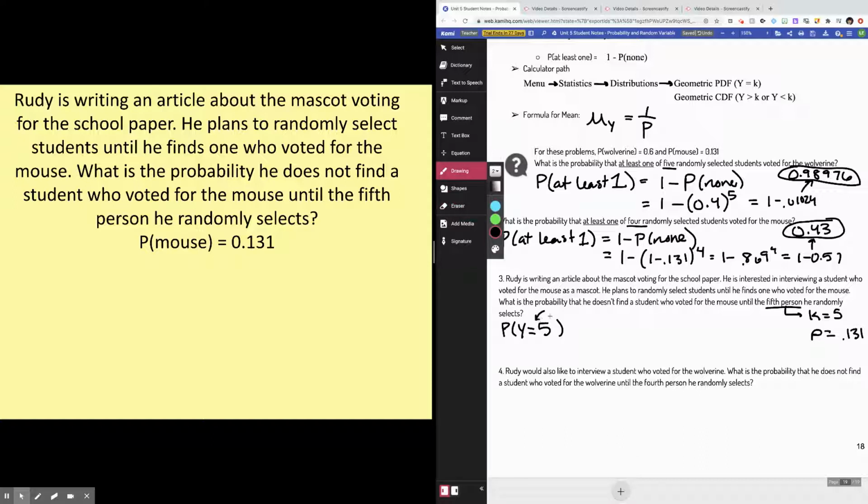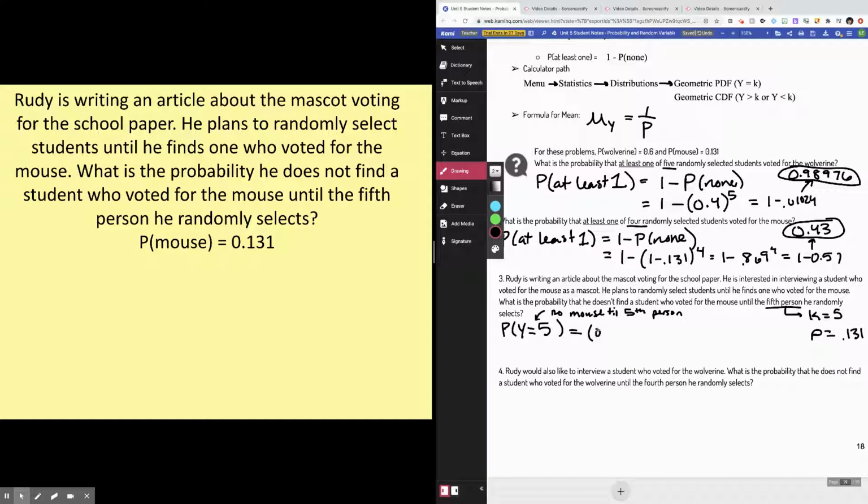In plain English, we're finding the probability that we get no mouse till the 5th person. If my 5th person is a mouse, that means my first 4 are something else, so they're failures.